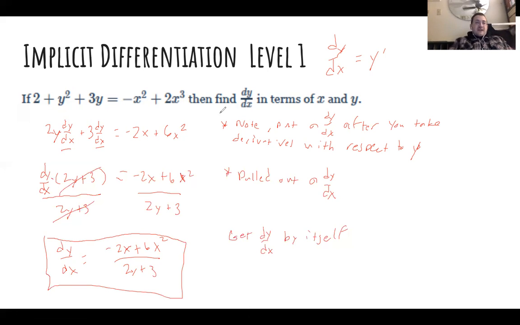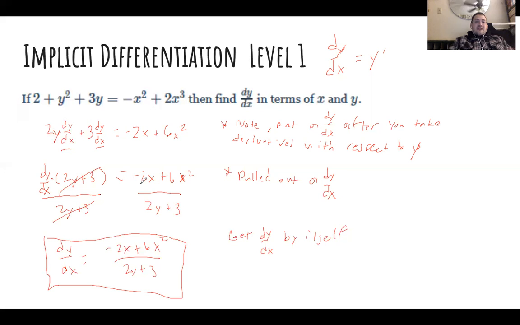So just to recap here, you put a dy dx anytime that you're taking a derivative with respect to y, because y depends on x. Then, after that, get the dy dx's together on one side. On this one, it already is together on one side. You pull out a dy dx.